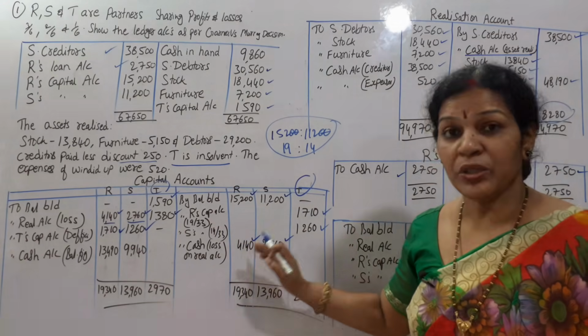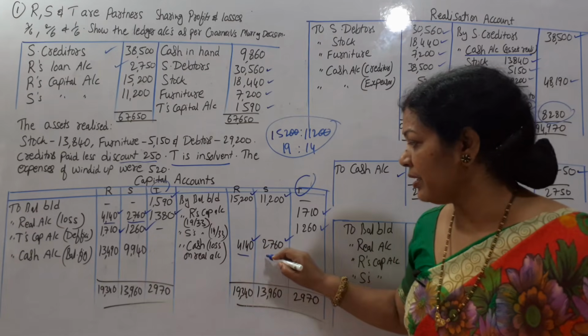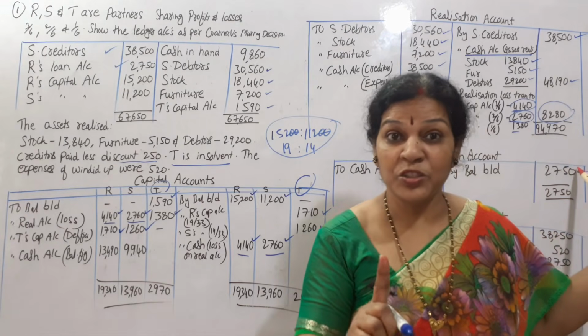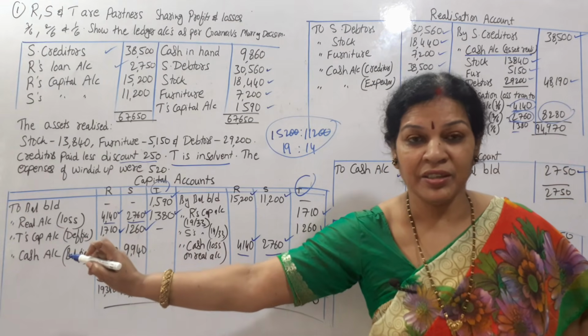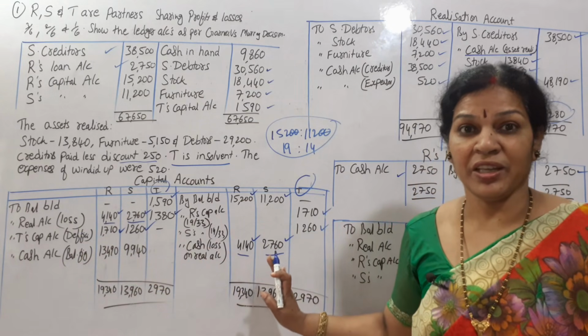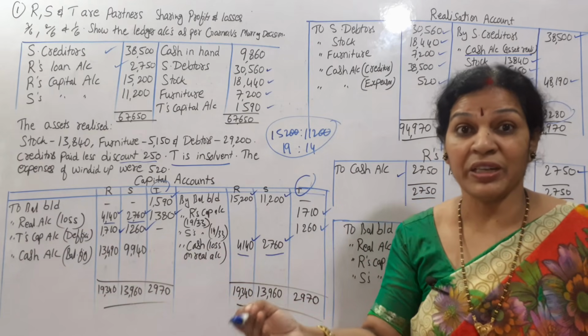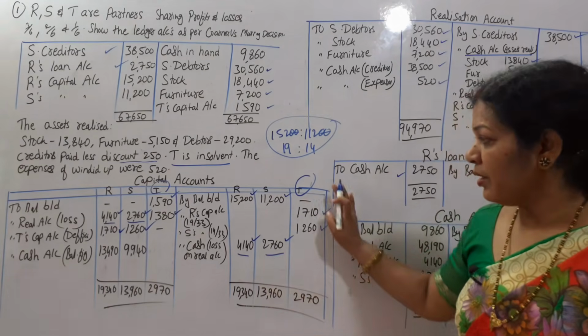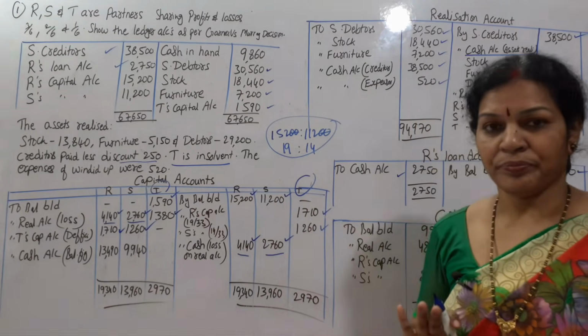So they are bringing it through the cash, so once again we are writing on the credit side. This loss appears twice: credit to debit and also on the credit side, because they are bringing it through the cash. That loss is covered by the partners. So this we have written. Now all the entries are over.